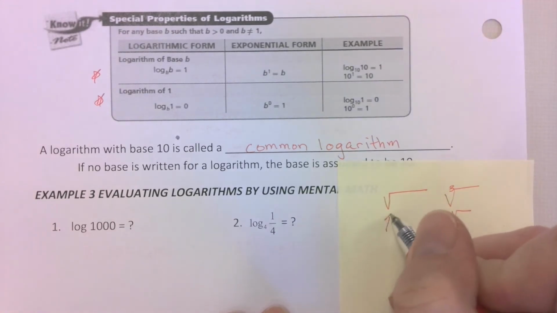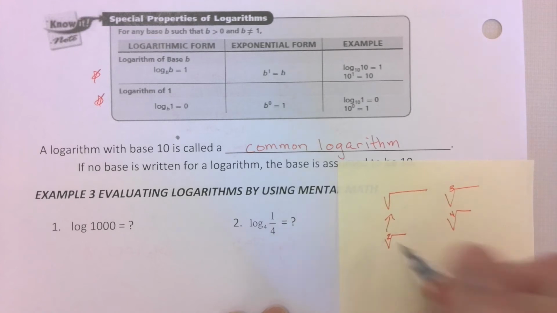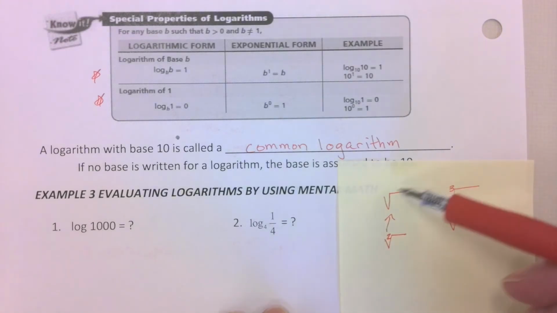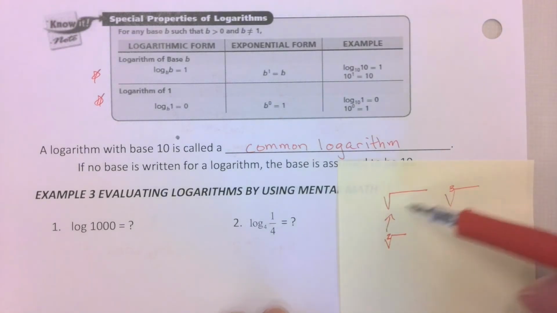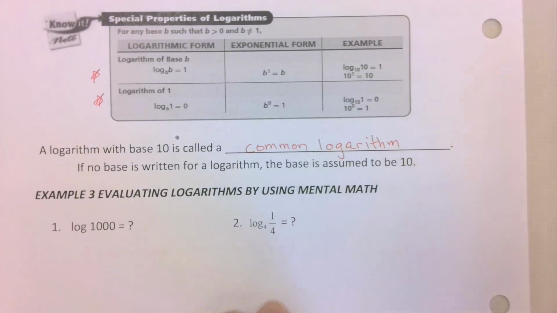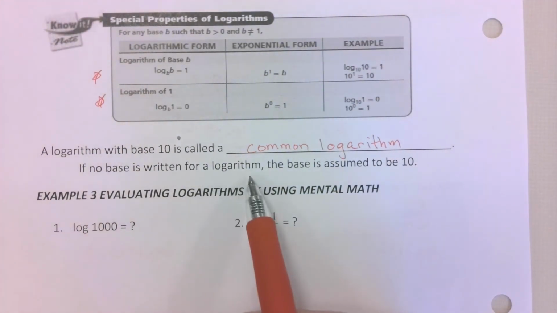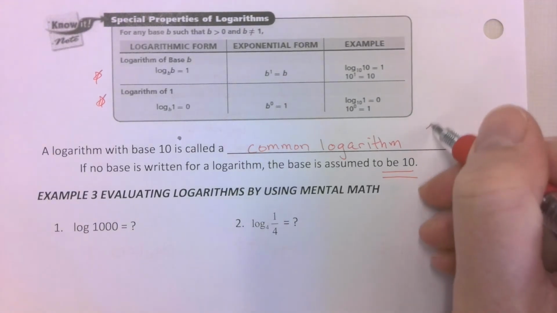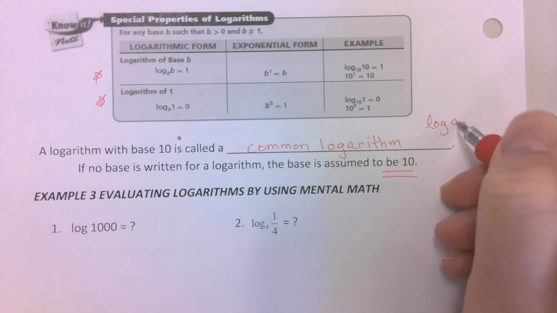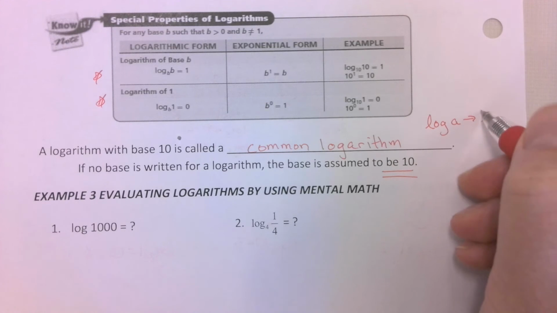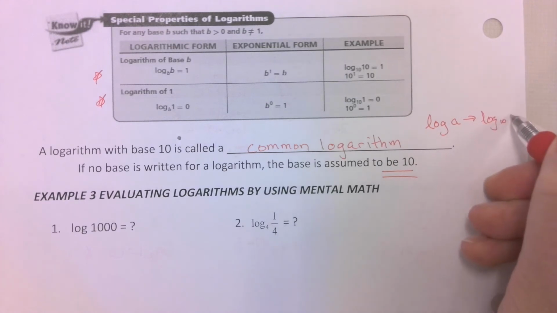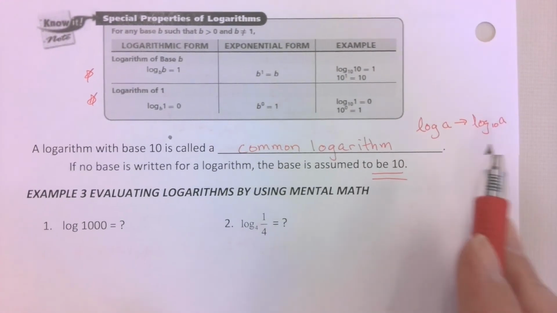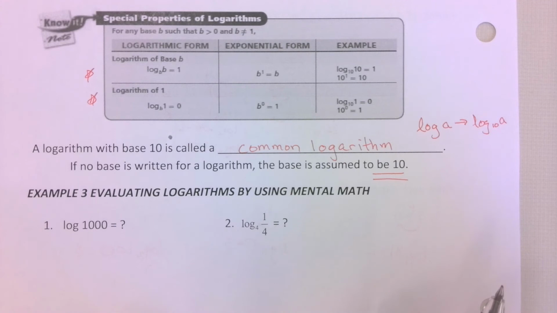But truly, the square root symbol is written with the 2 there. Because we use it so commonly, we understand that if we see this, it represents the square root. Any other root has to be represented by a number. That is the same thing. If there's no base written for a log, the base is assumed to be 10. So that's the common log. If you see log of a, that is really saying log base 10 of a. It is understood because it's a common log.